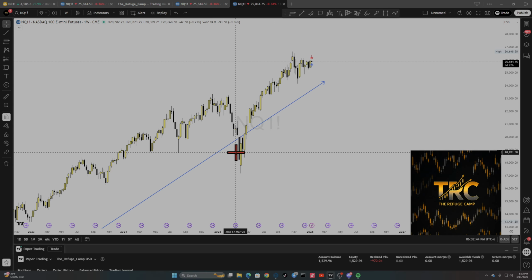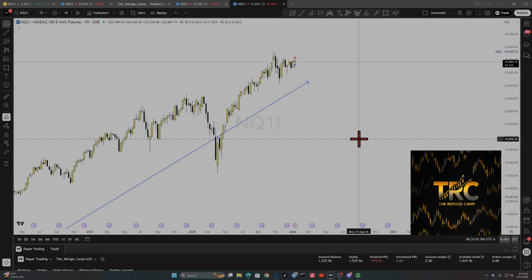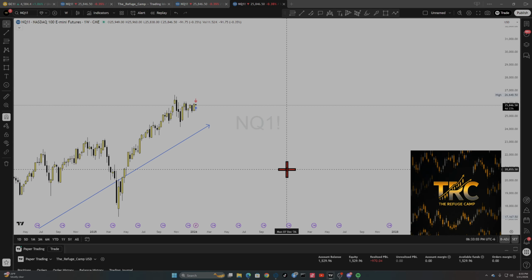So you're going to basically do the exact same thing you see here, but in reverse. So now we would push down, we would come up and retest the bottom, we'd continue to push down, we'd come up and retest that bottom. Everybody understand? Okay.